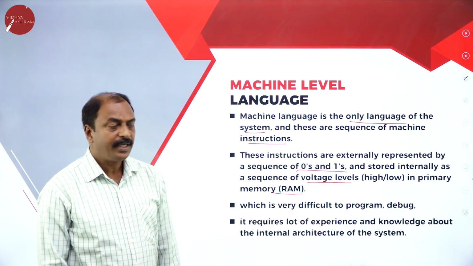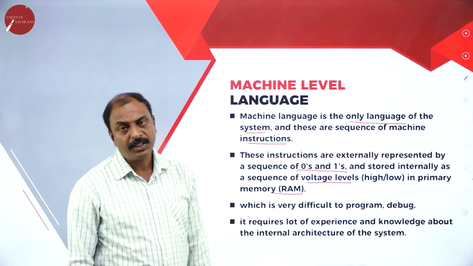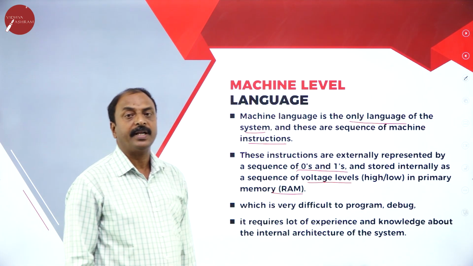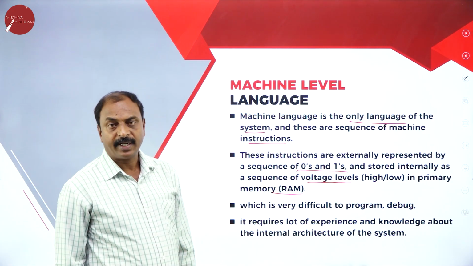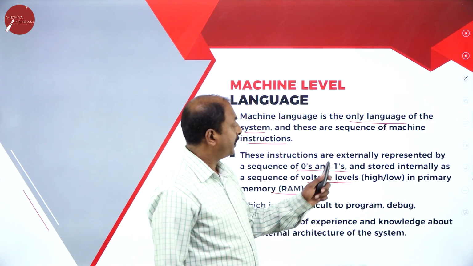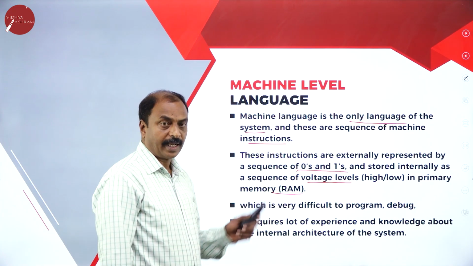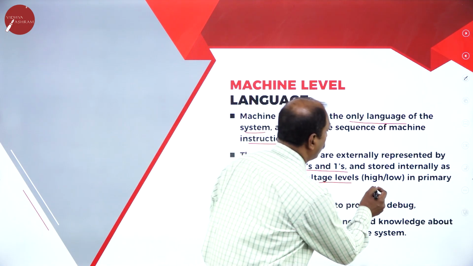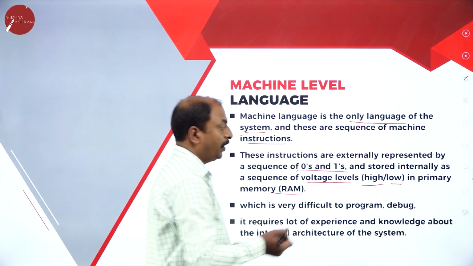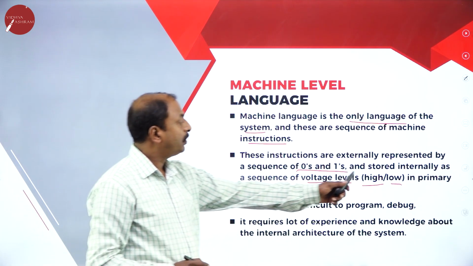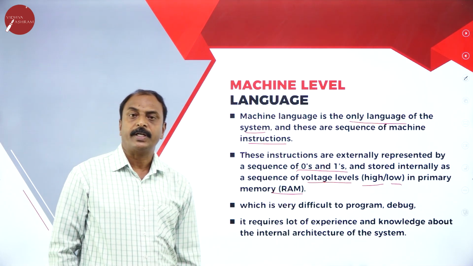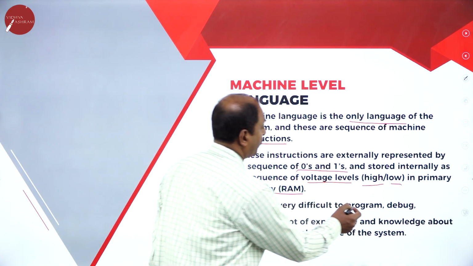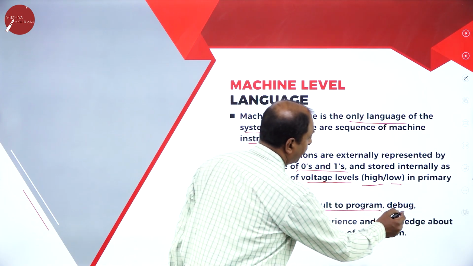So machine level language is a combination of a group of bits and bytes forming a machine level instruction. Here 1 stands for high voltage and 0 stands for low voltage level in the computer system. This machine level language is very difficult to program as well as debug.